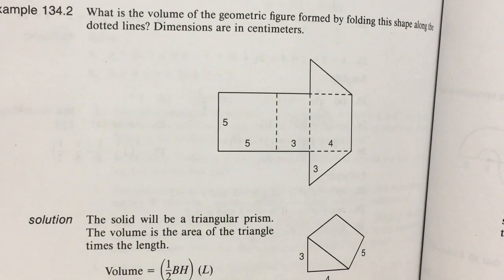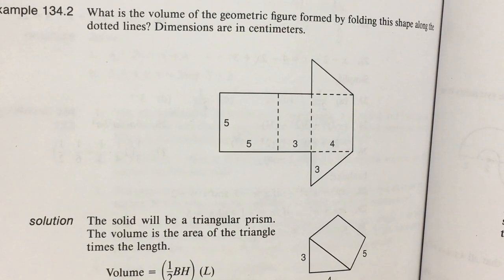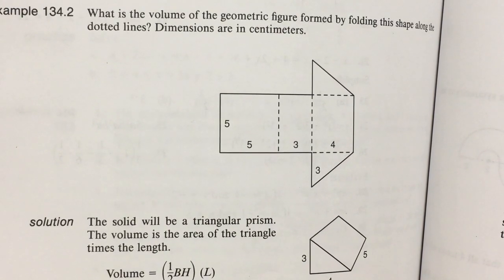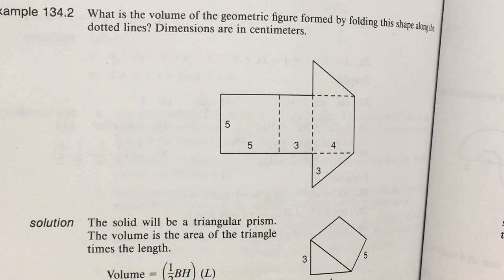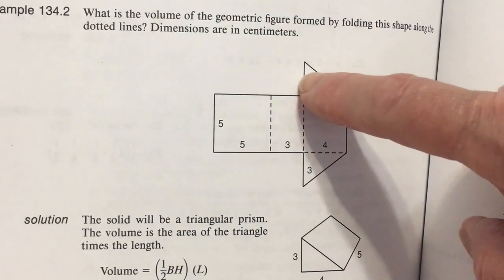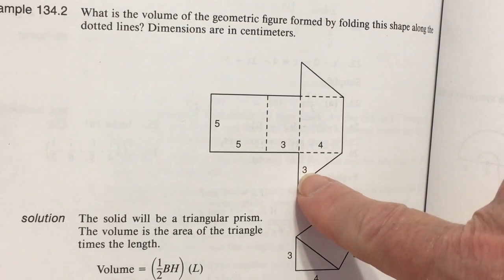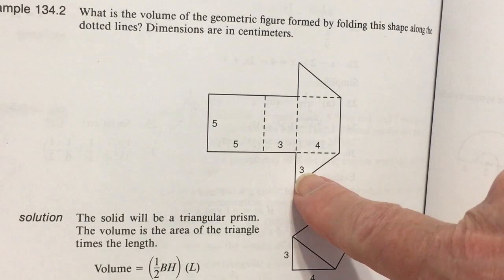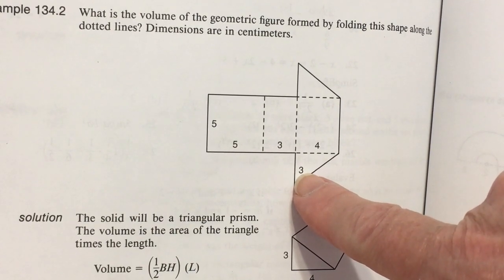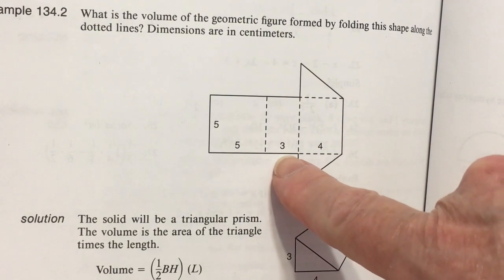Okay, this second example says, what is the volume of the geometric figure formed by folding this shape along the dotted lines? Dimensions are in centimeters. Now, if we look at the shape, we can see that the top and the bottom of the shape are triangular. So this is going to wind up being a right triangular solid, which is a prism, isn't it?